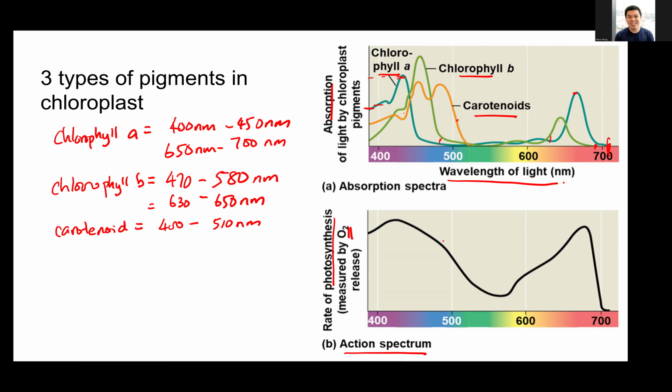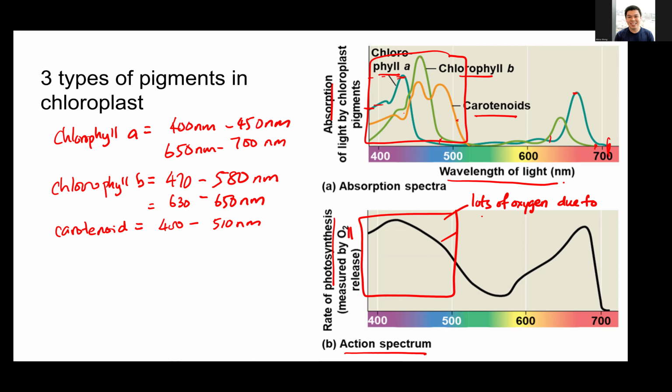With lots of absorption, based on what we see here, right? There's lots of absorption here. It means photosynthesis can occur. Therefore, you're going to observe lots of oxygen produced at that region due to high absorption. Regions where there is no absorption mean they are unable to produce as much oxygen gas, so the rate of photosynthesis decreases.